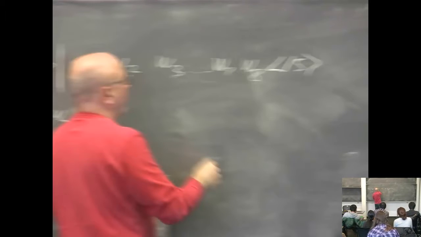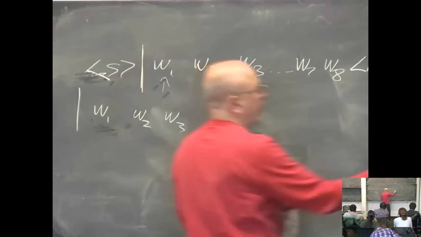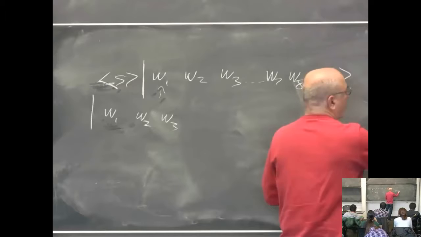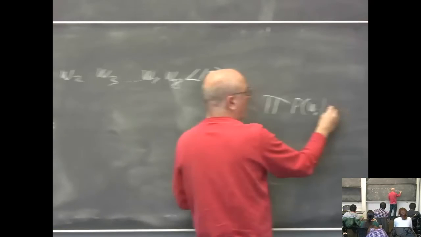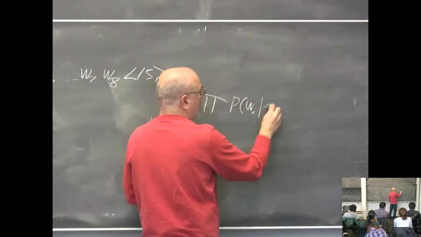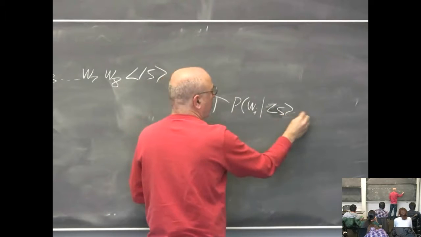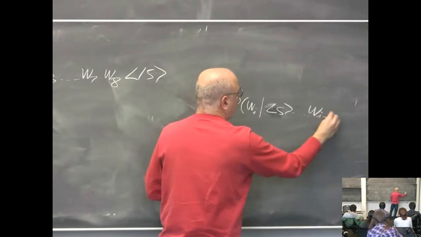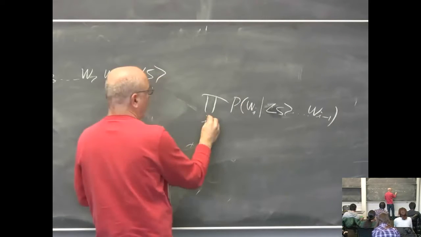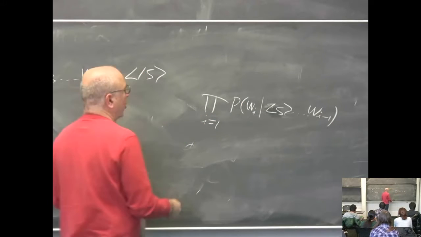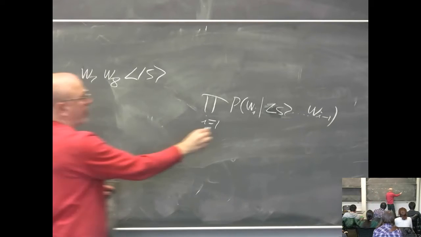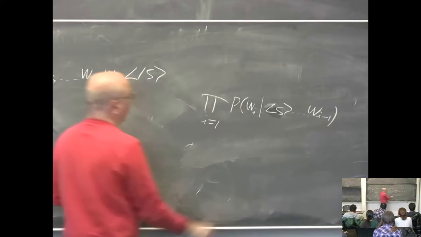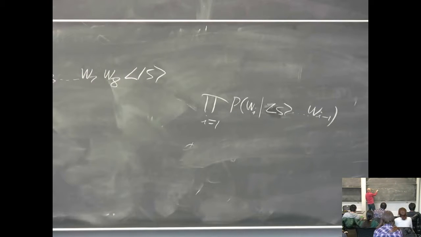And the probability of the entire sentence consists of a product of going from the first word, given all the words before it, which is the beginning of sentence symbol through Wi minus 1. So this is the general case, i goes from 1. We start with predicting W1 with just this context, when the rest of this is empty, and then we continue with the second word with this context and so forth.